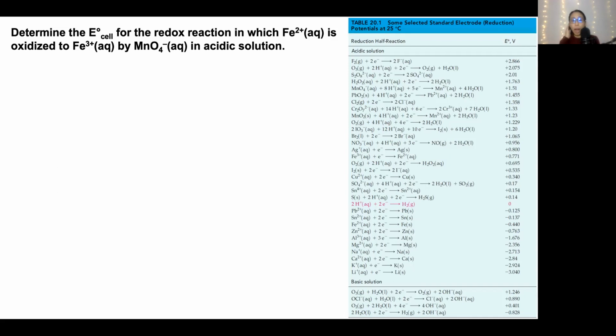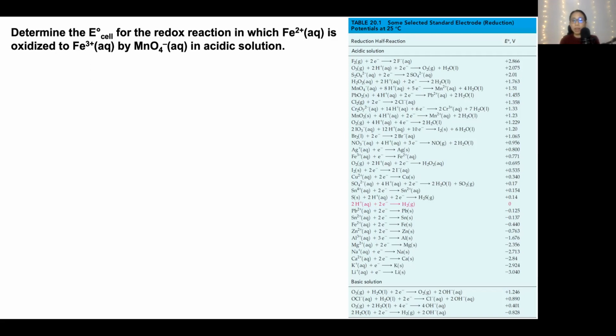So even if you have the same set of reactants, the products will be different if the redox reaction is taking place in acidic conditions and in basic conditions. So most often, it is also important to indicate whether the reaction is acidic or basic.